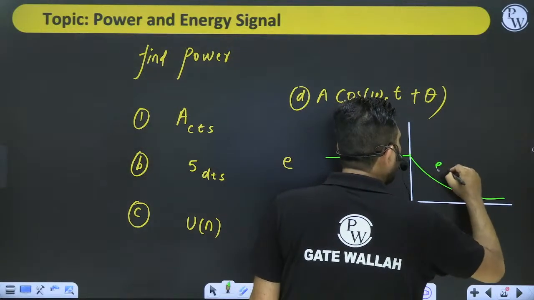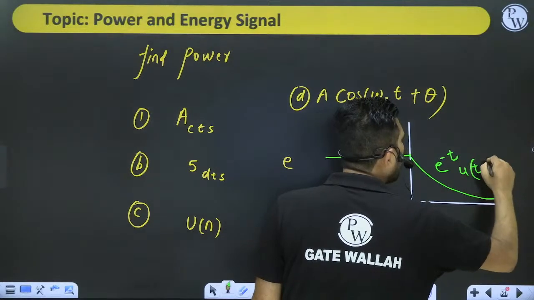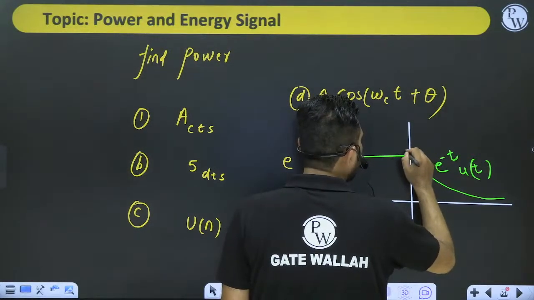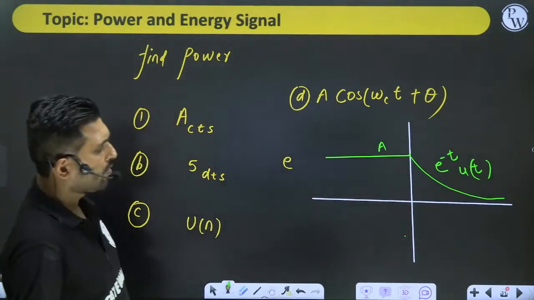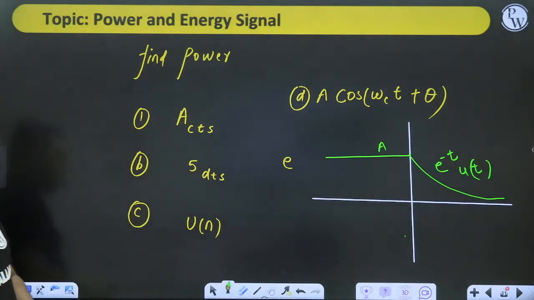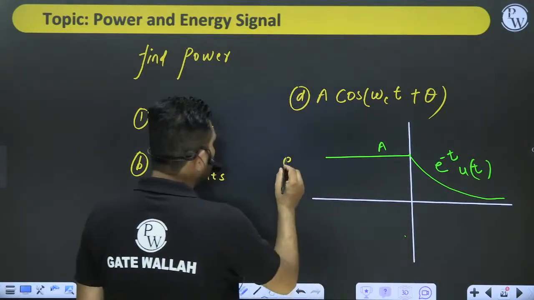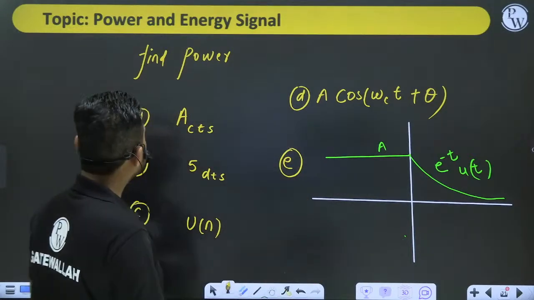This is e to the power minus t u(t), and that is A. Okay, this is A, this is e to the power minus t u(t). So you have to find out the power.